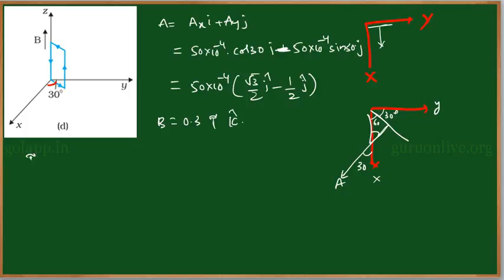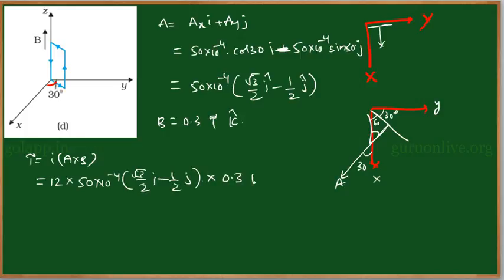Now the resultant tau is equal to I into A cross B. I is current, so 12 into A is 50 into 10 to the power of minus 4 and root 3 by 2 i cap minus 1 by 2 j cap, cross B is 0.3 k cap.